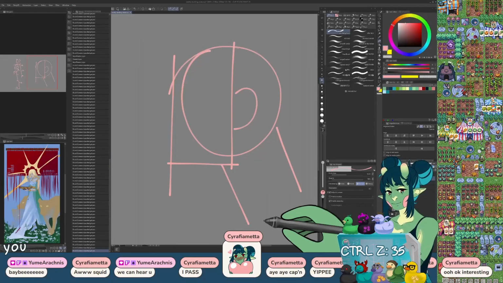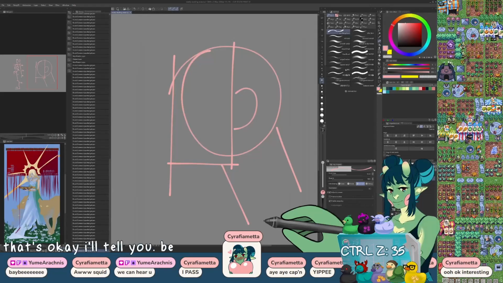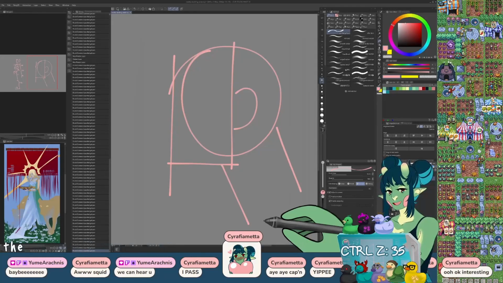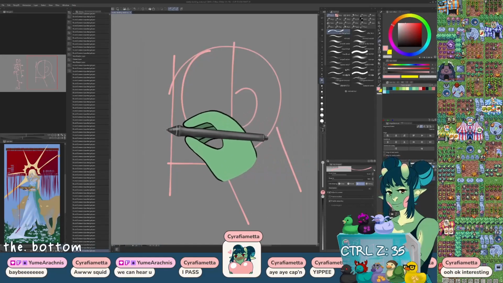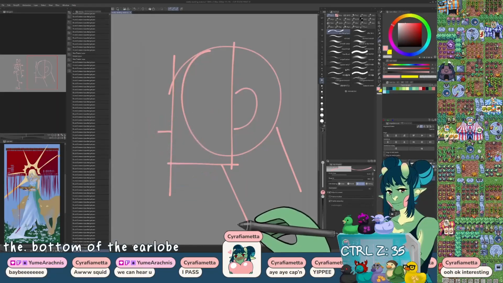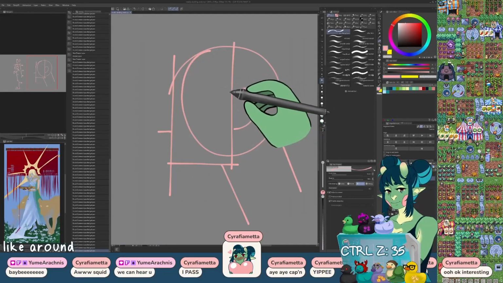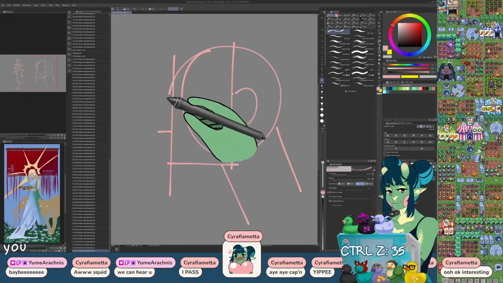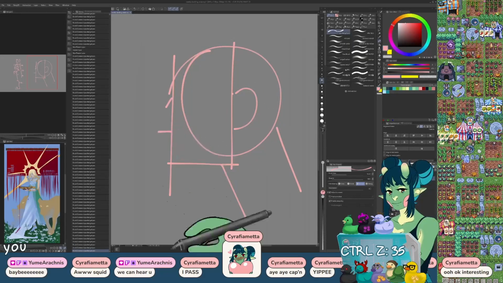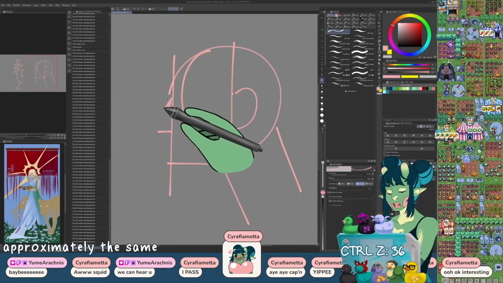The nose starts from the bottom of the earlobe and ends around here. Approximately the same length as that.